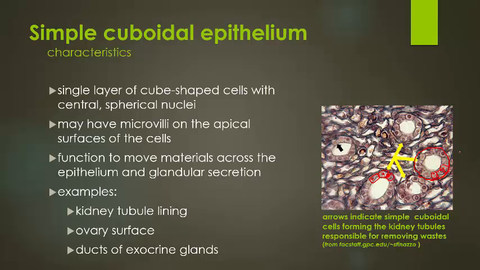cells. Now, simple cuboidal epithelia may have microvilli on the apical surfaces. Microvilli, remember, what is their function? Think for a second. Pause if you need to. Hopefully you thought about increasing surface area.